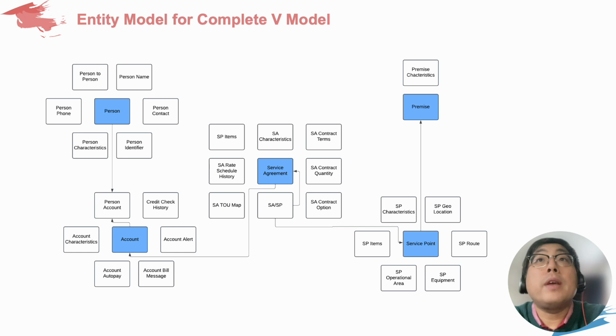Okay, and then moving on to service agreement. Service agreement is directly linked to account. You must have the account first before you can create a service agreement under the account. We have a lot of features on service agreement, for example, the contract term, contract quantity, and contract options.